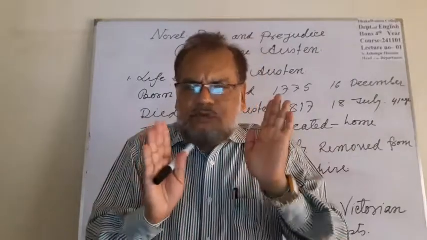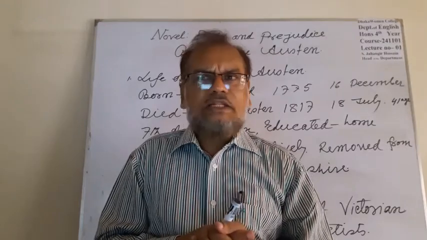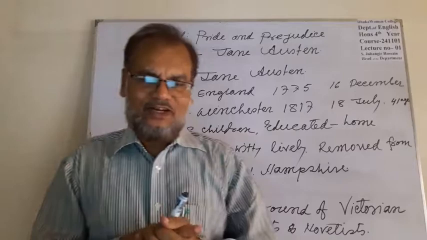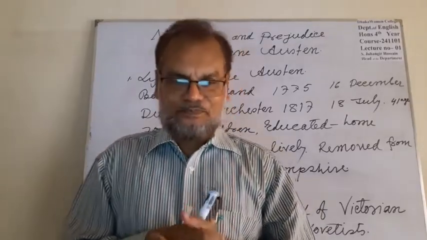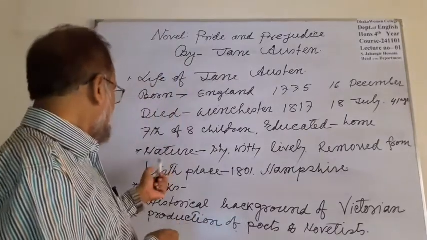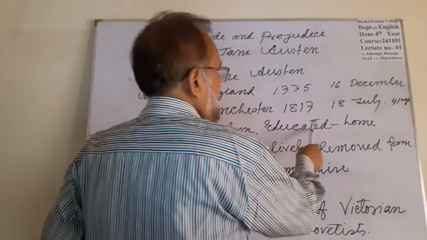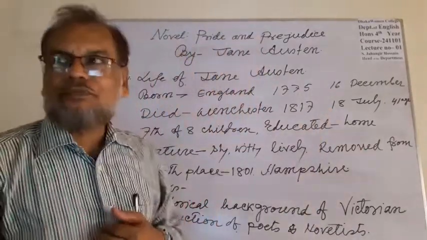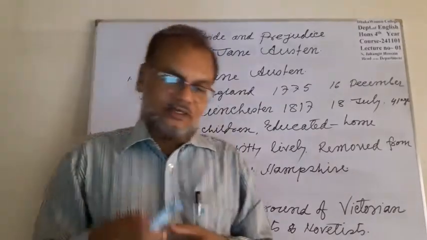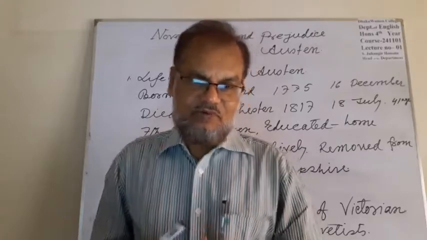Her schooling was not very suitable. When she was only 9, she left school in Oxford and Southampton. So normally she was educated at home. Home was the first primary school of Jane Austen and some of her other sisters and brothers.